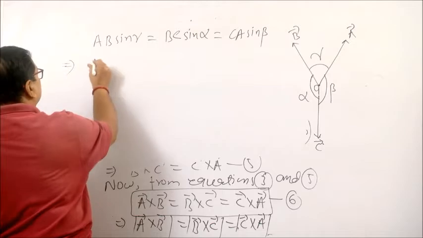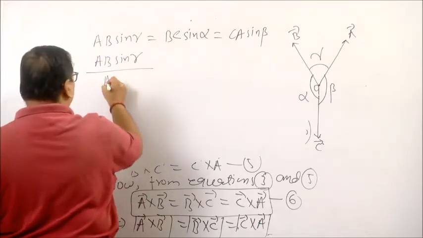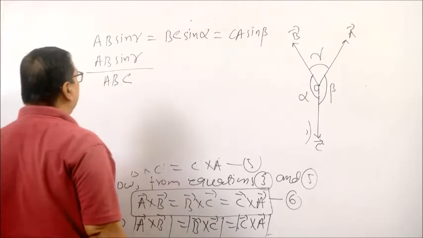Now, divide each term by the modulus of vector A, vector B and vector C.